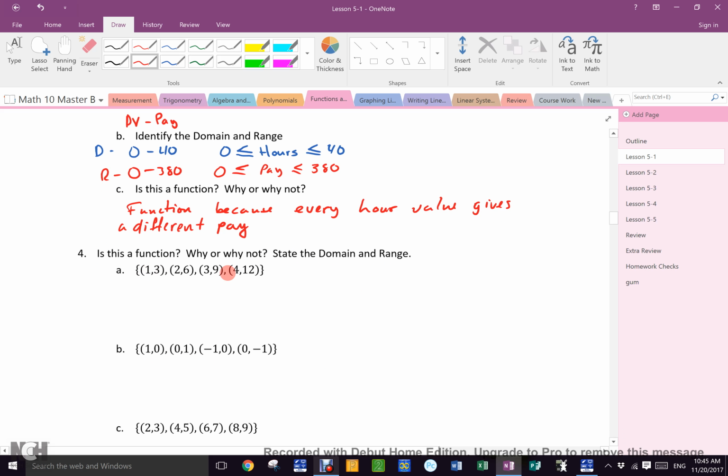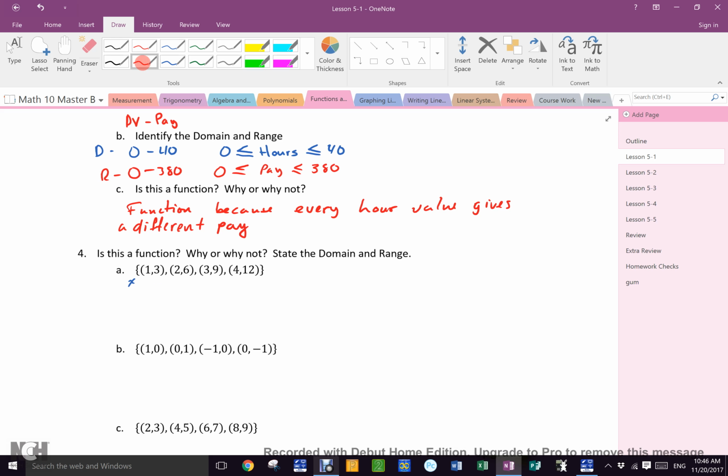How are these written? What does that mean when you see 1, 3 in brackets like that? X and Y, absolutely right. So I have X's and I have Y's. Which of them is the independent variable?